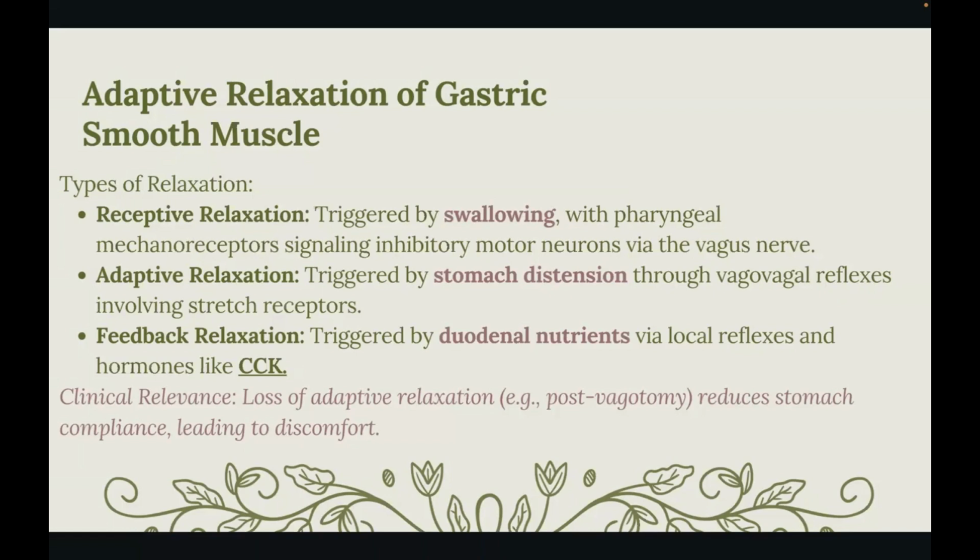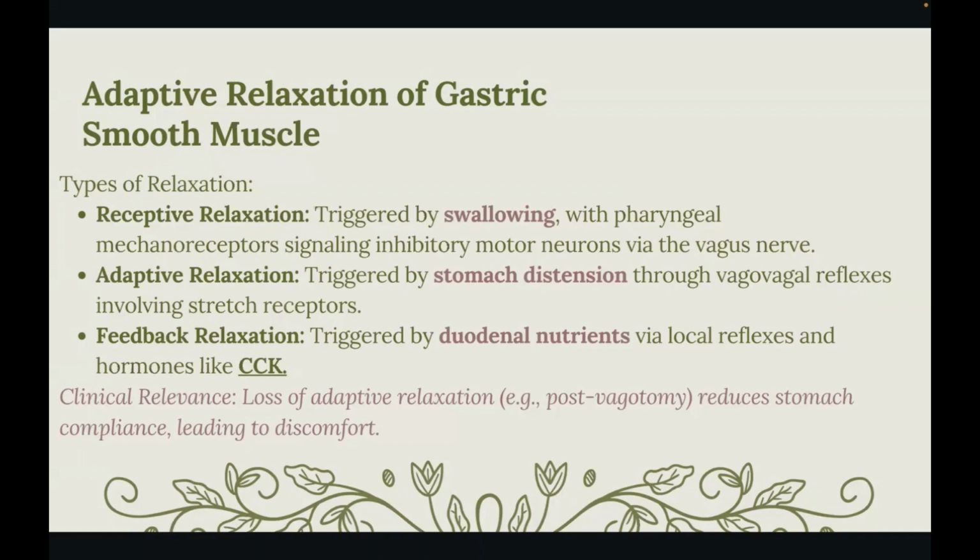Basically, swallowing puts pressure on the pharyngeal mechanoreceptors, and once it senses this pressure, it's going to open. Obviously, the vagus nerve and a bunch of other nerves are involved, and you don't have to know all the details. You just need to know that receptive relaxation is found in the very upper GI, and it's triggered by swallowing.